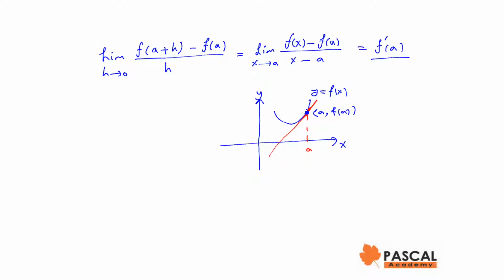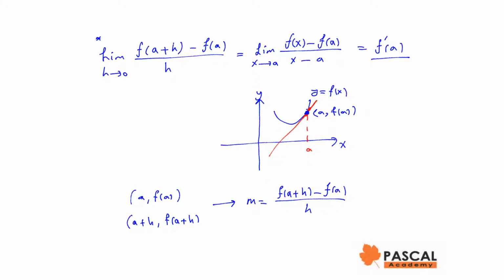Basically, if we consider this form, I call it star, if we consider two points, a and a plus h, then the slope of the secant line would be f of a plus h minus f of a over h.